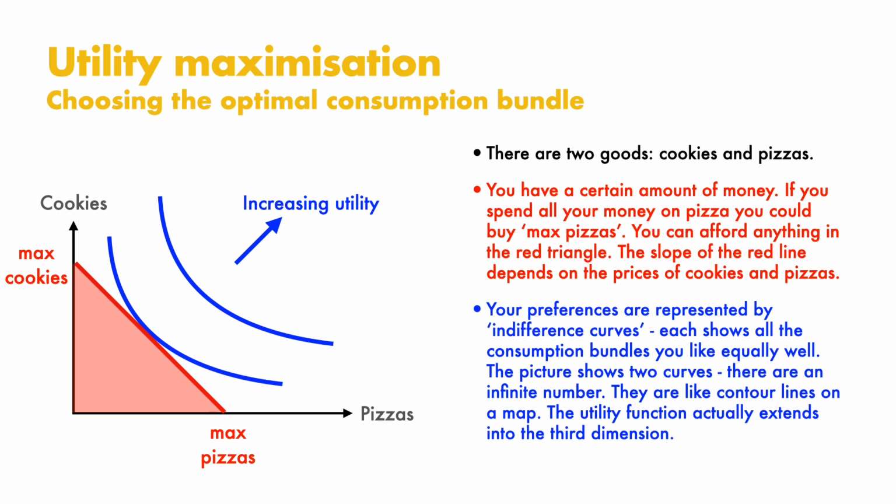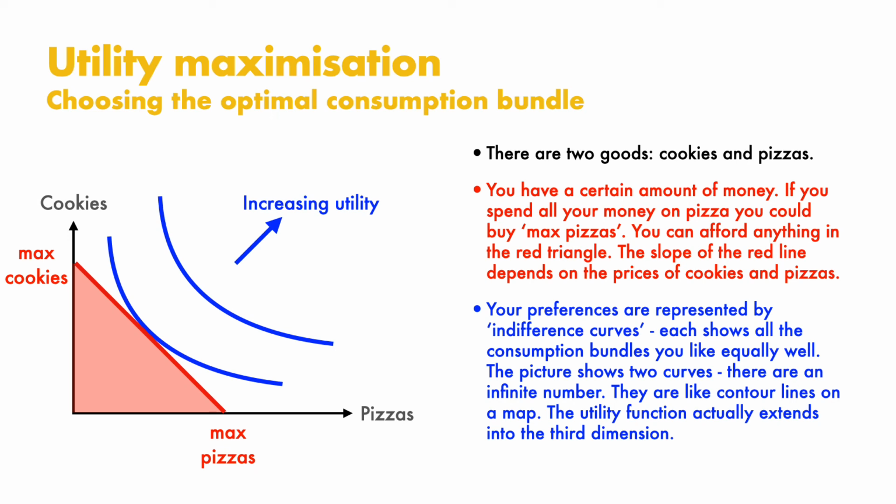If you decide to spend all your money on pizza and cookies, you're looking for a point on the red line that gives you the highest satisfaction. That is the point on the highest indifference curve you can reach. I have drawn that indifference curve.